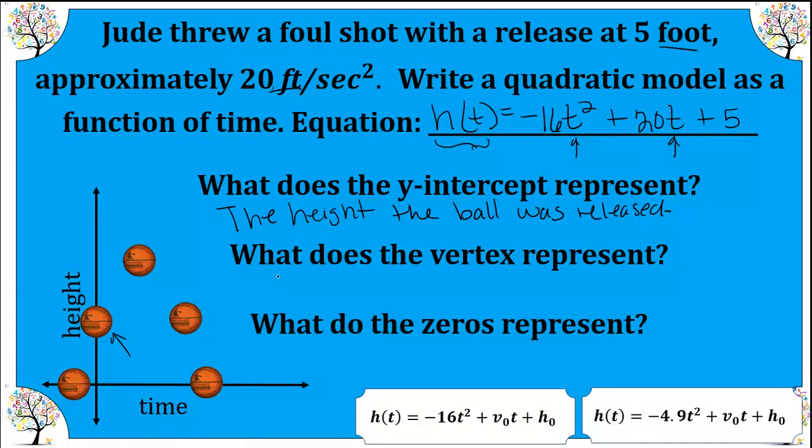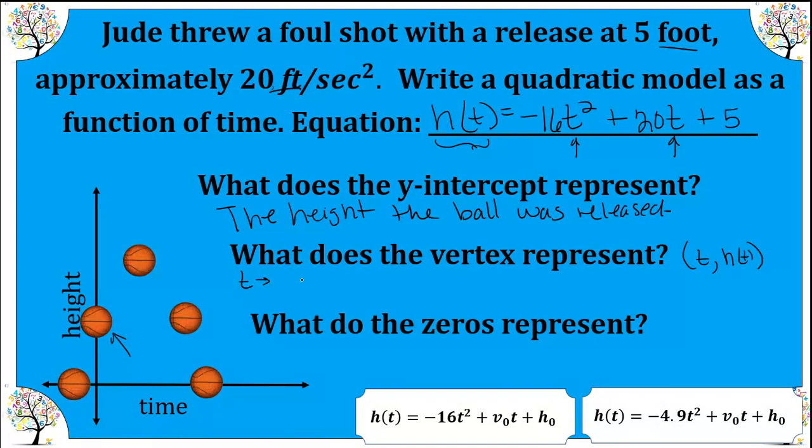The vertex, so we have two parts of the vertex. We have the input and we have the output. So the vertex tells us two things. So let's just say t for time. So the t part of our vertex, so we have time and we have height.